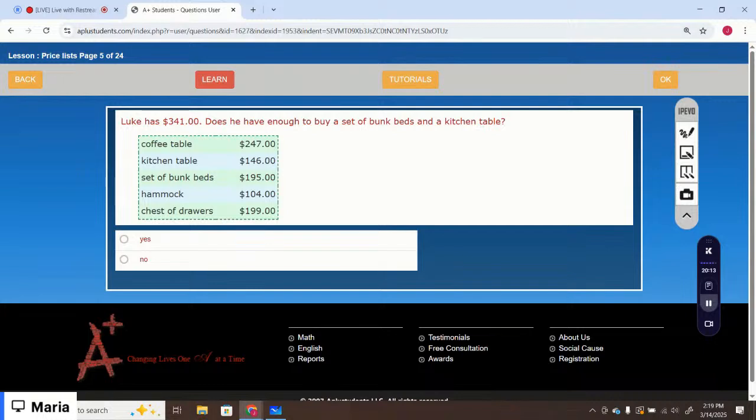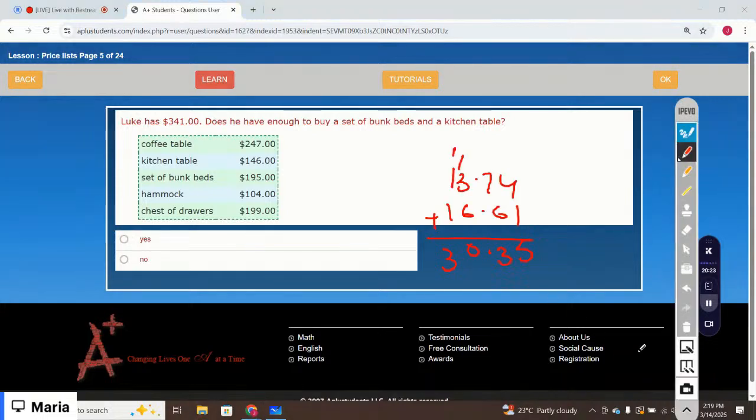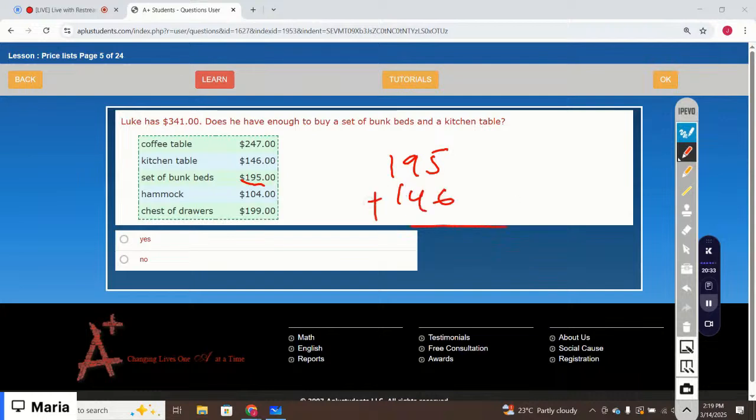Luke has $341. Does he have enough to buy a set of bunk beds and a kitchen table? So the bunk bed costs $195 and the kitchen table costs $146. So you just have to add.